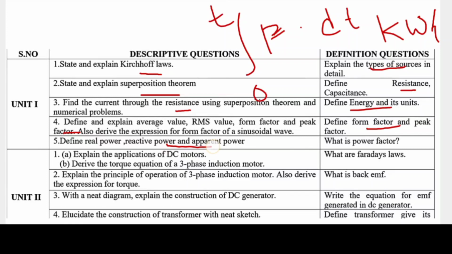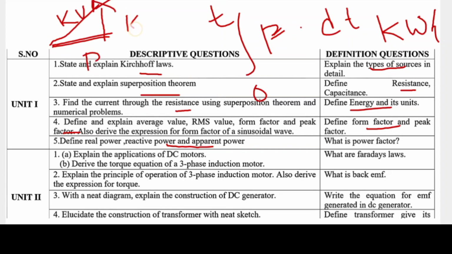Peak factor. Define real power, reactive power, and apparent power. One triangle you have to remember, the power triangle. The hypotenuse is kVA, and the other sides are P, real power in kilowatt, and kVAr.